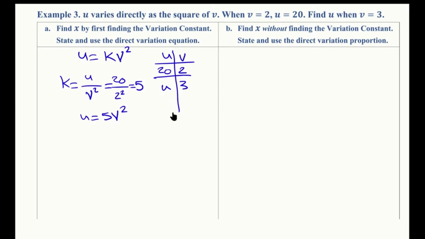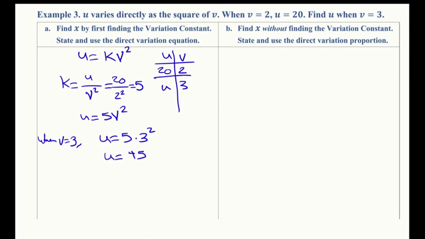So we're going to substitute 3 for v. So we can say when v equals 3, we get u equals 5 times 3 squared, right? So we get u equals 5 times 9, which is 45.